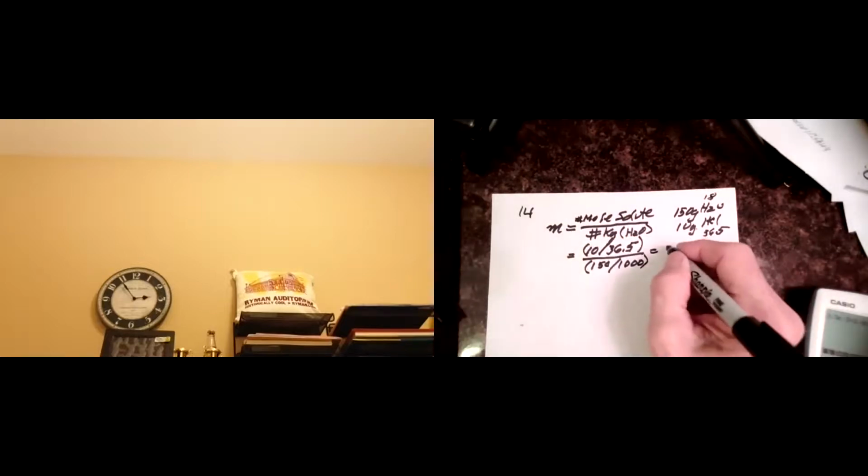Now, we could just enter this directly in the calculator the way it is, or you could rearrange it. This will come out as 10 times 1,000 divided by 150 and divided by 36.5. It's the outsides times each other divided by the insides times each other. That's the way you reduce a complex fraction.